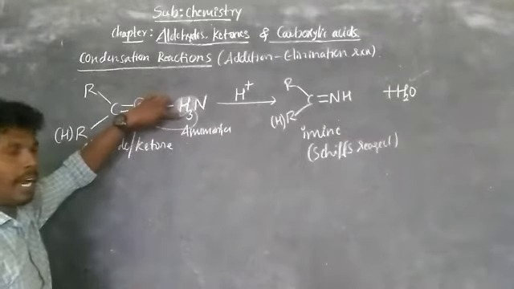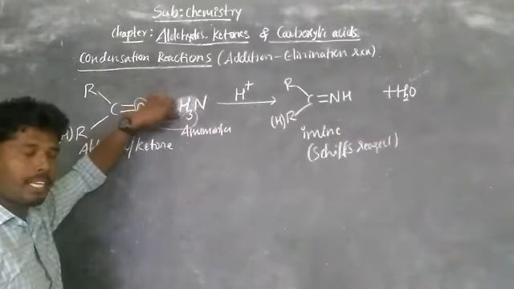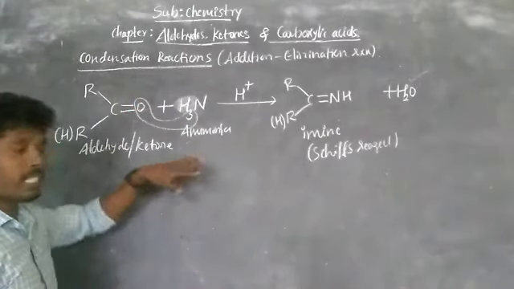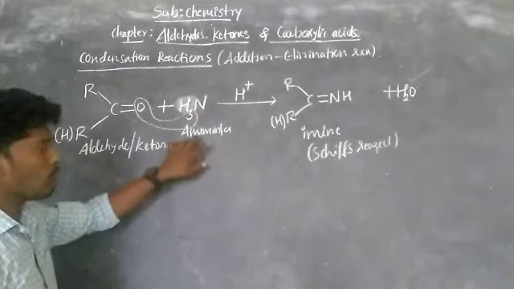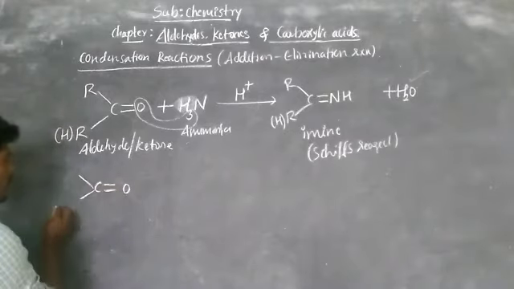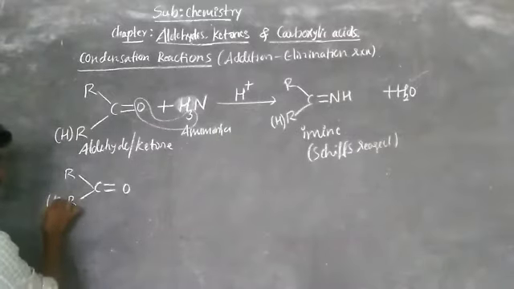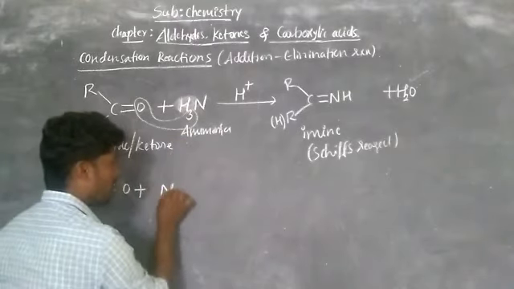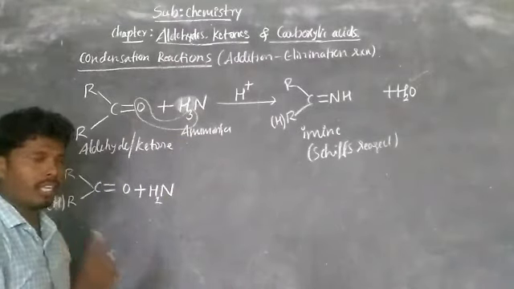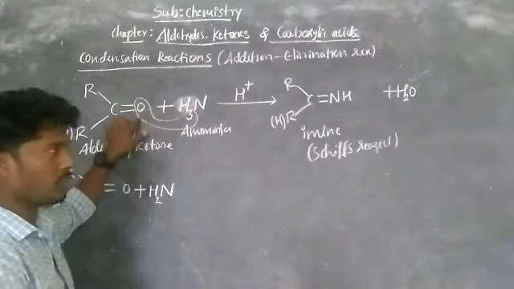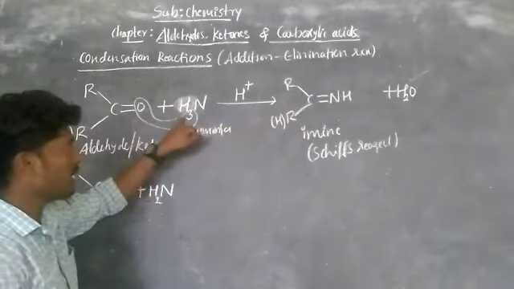Now observe: in place of the 3 hydrogens, 1 hydrogen is replaced by substituting different groups. You get different compounds, which means you get different reagents. Those are ammonia derivatives. Now take the aldehyde C double bond, with R or H, either one. Generally we write either aldehyde or ketone. Now this compound reacts with ammonia; out of 3 hydrogens only 2 react with oxygen to eliminate water, and the third hydrogen is free.